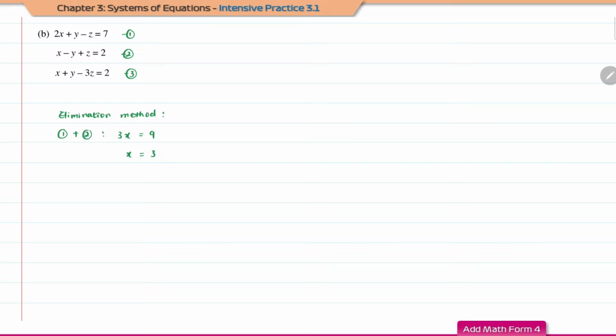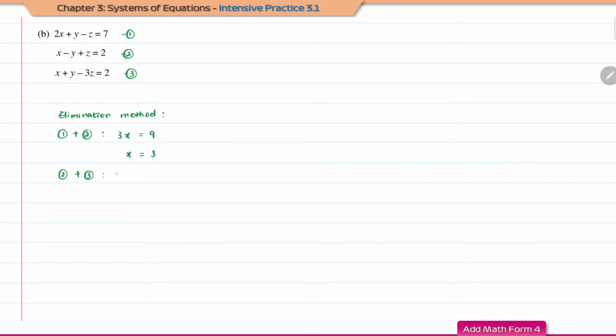Next, I'm going to look at equations 2 and 3, and I will eliminate the y here. What happens is that you're going to form an equation with only the variables x and z. After that, I'm going to substitute the value of x using the number 3, which I already found here. In order to eliminate the y for equations 2 and 3, I'm going to use equation number 2 plus equation number 3.